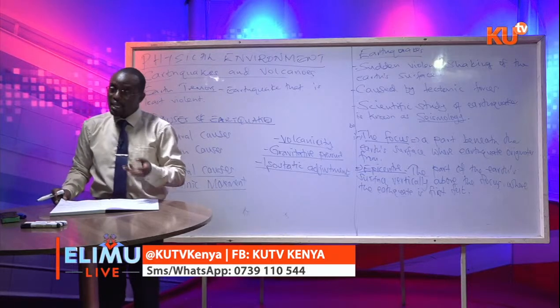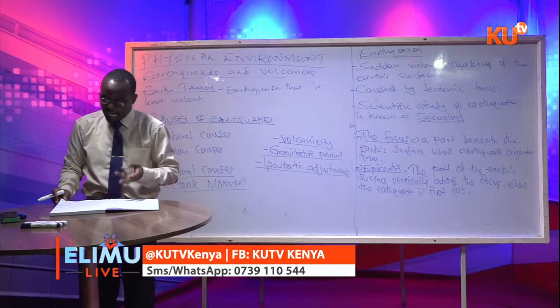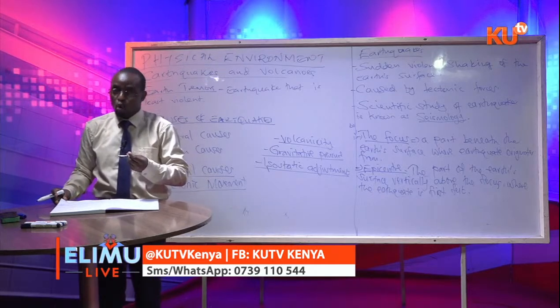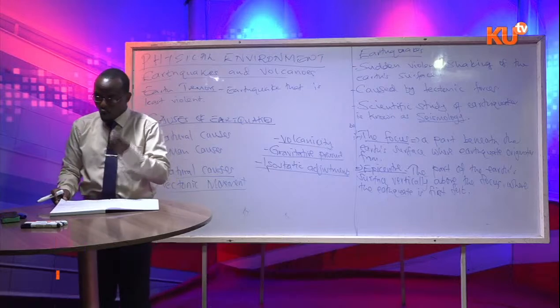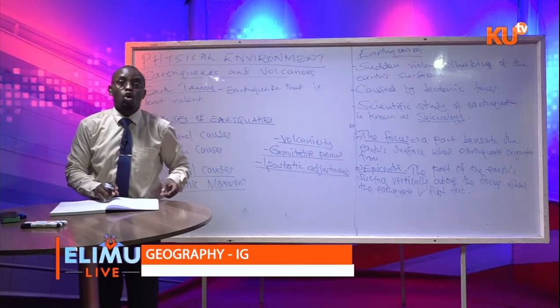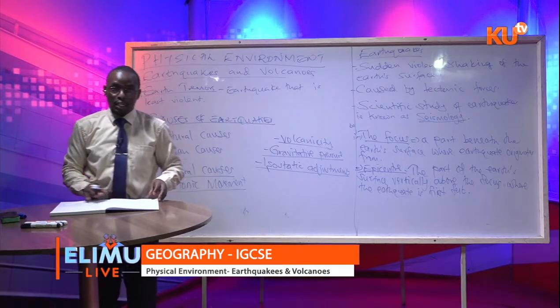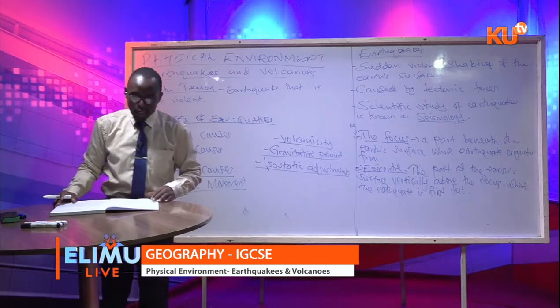And if this heat is intense, it may send what we call shock waves. And these shock waves are the ones that cause the crust rocks to shake, leading to the earthquake in various areas.